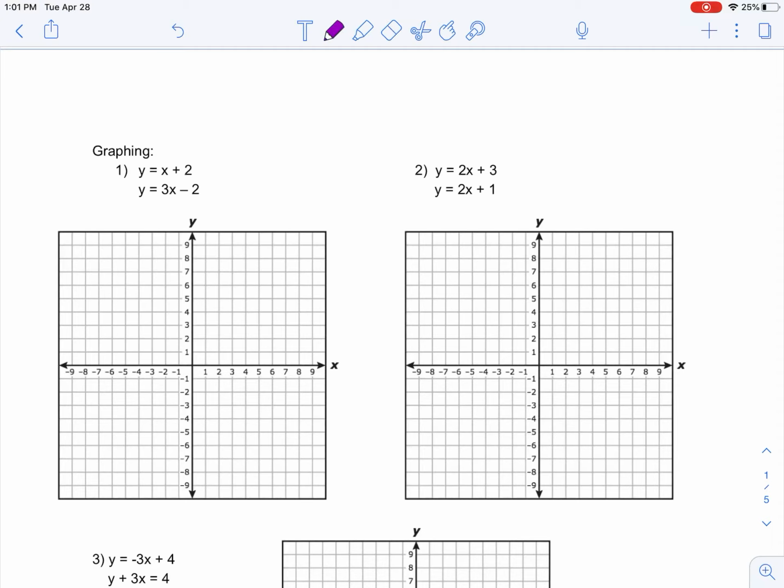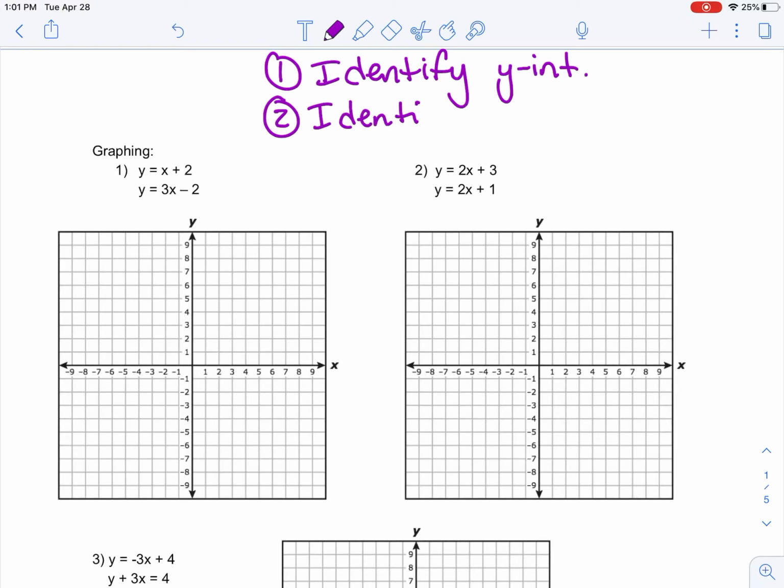So when we're graphing equations, there are two steps we have to follow every time. That first step is identifying your y-intercept. And then your second step is to identify your slope and use it to plot multiple more points.